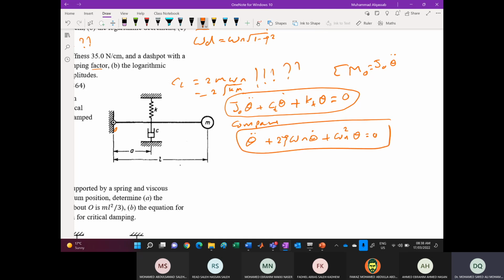Do not use those equations directly. You have to use this equation. So what is the expression for omega n? The coefficient of theta is omega n square, and you can obtain zeta from here, and then use the definition of zeta equal to 1. It means that this value will give you the critical damping coefficient.